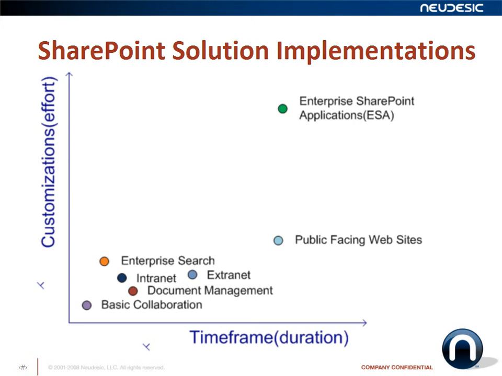When you get into enterprise search, what you'll traditionally do will be kind of customizing the look and feel and how results come back and how they're presented to the user. We have seen some introduction of some third-party products to enhance it so that you have some document previewing capabilities. And then finally, in intranet is something that you will do customizations, but if implemented correctly, SharePoint provides the vast majority of the technical capabilities required to implement an intranet.